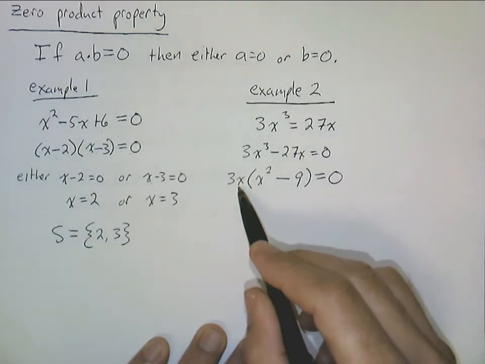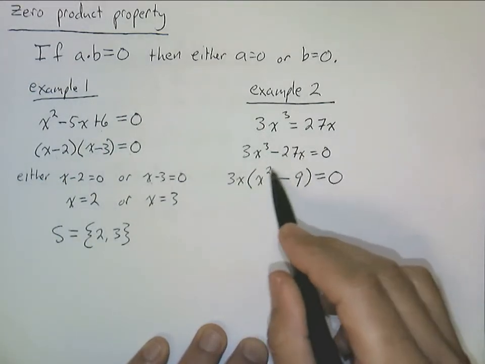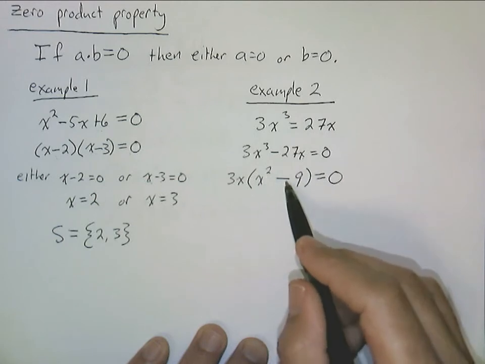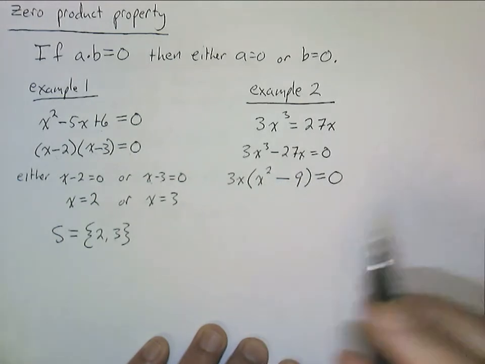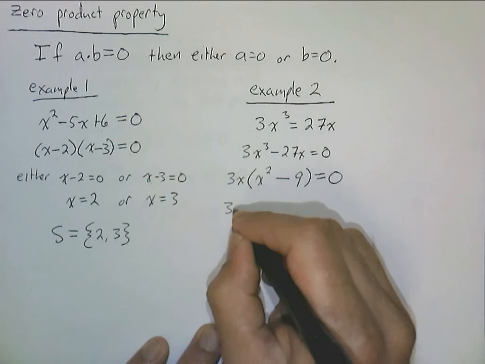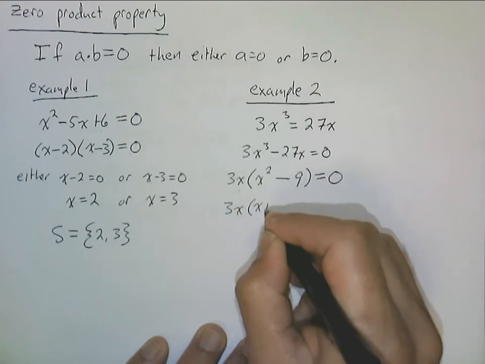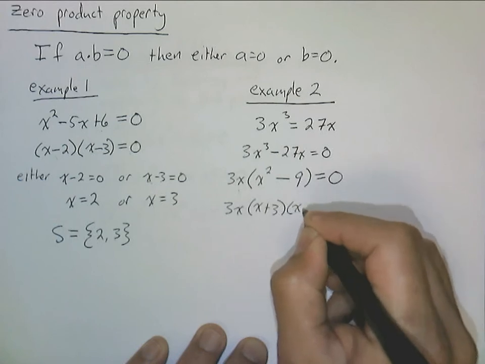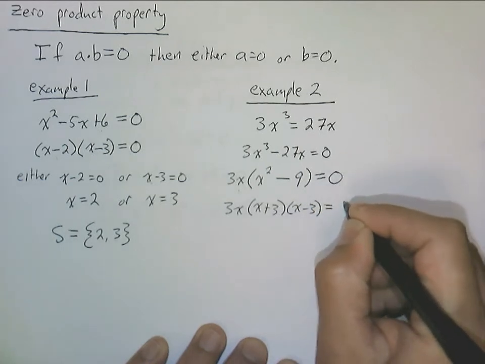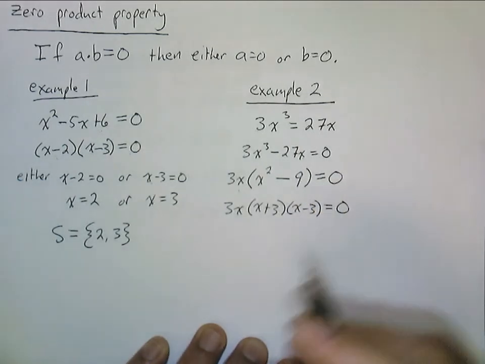So we pulled out the GCF. Now we need to see if we can factor this guy. x squared minus 9. Well, 9 is a perfect square, so this is going to factor as, we still have our 3x, and then x plus 3 times x minus 3, and that's now supposed to equal 0.